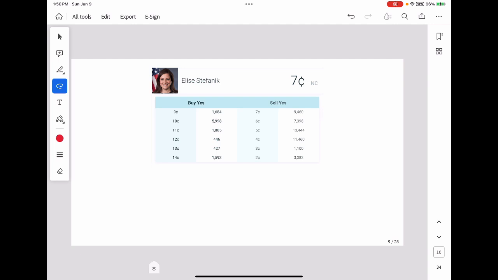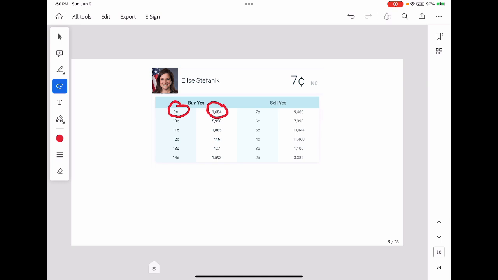So what you see on the screen now is what's called an order book. This is a collection of orders that have been placed by people which have not yet traded. They're waiting for compatible orders in order to be executed. So if you want to buy contracts that reference Elise Stefanik being selected as the nominee, there are 1,684 available at 9 cents. So you can buy a large number of contracts at 9 cents that will pay off $1 if she were to be selected.